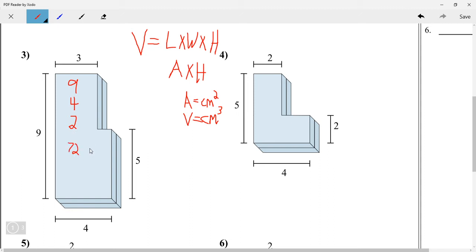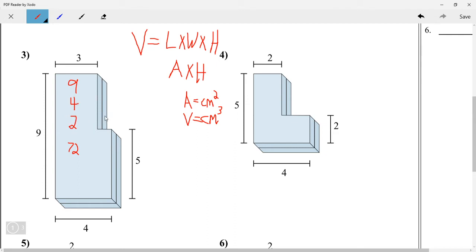Okay. But we just found the rectangular prism of this as if this piece were filled in, but this piece is not filled in.